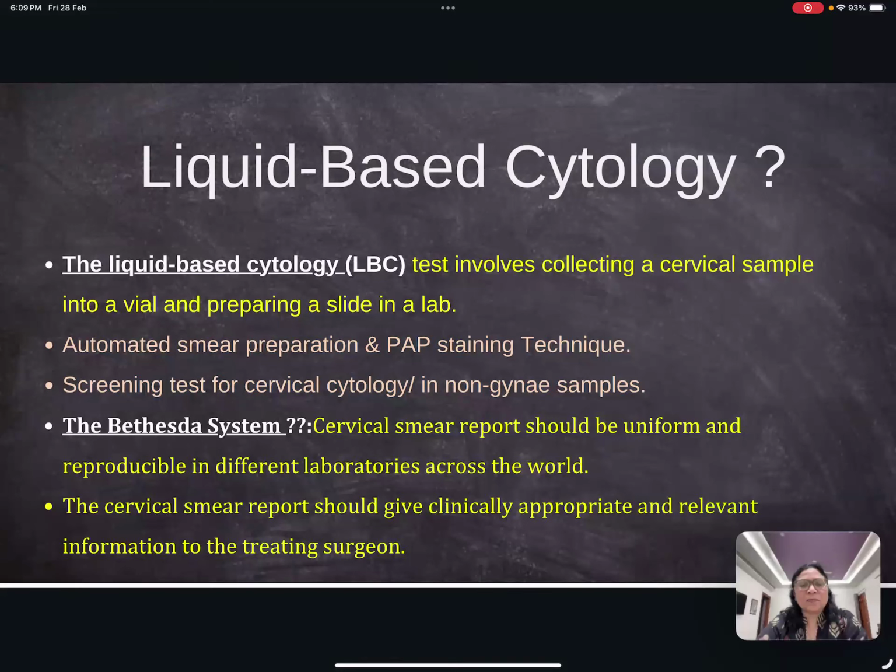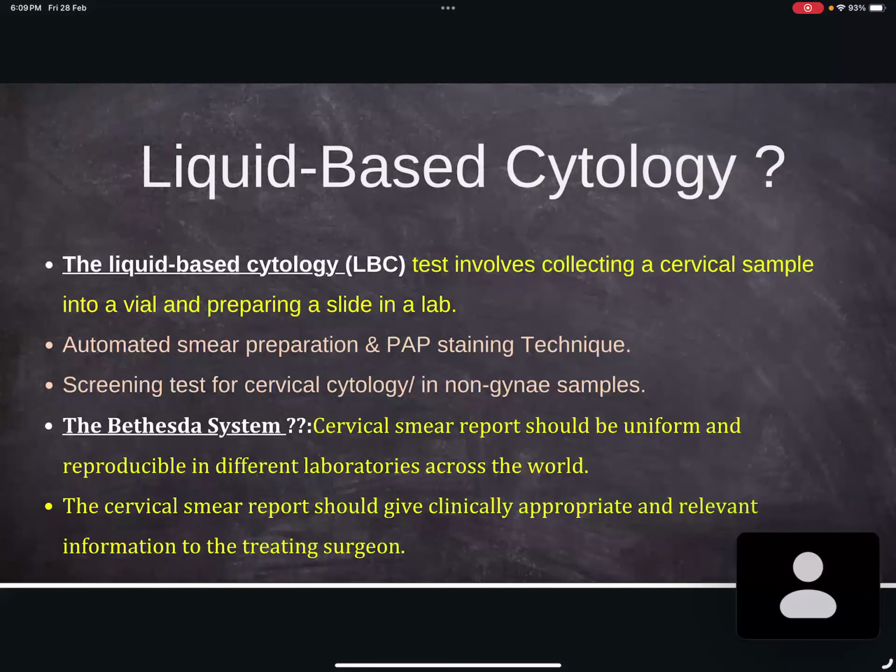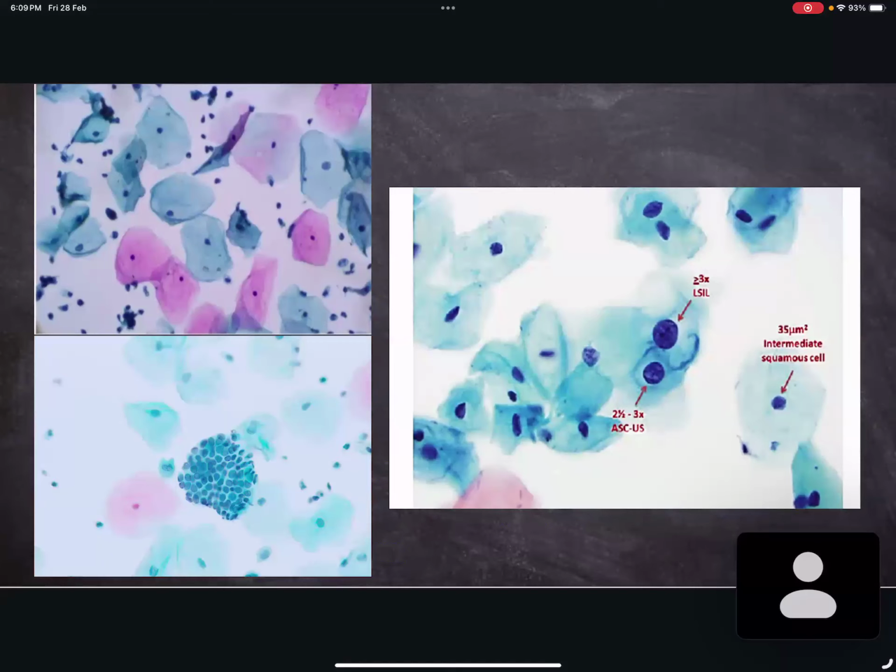And what is the Bethesda system? Bethesda system is the international uniform standards reporting system for the diagnosis of, for the reporting of the cervical cytopathology across the globe. And these cervical reports should give the clinical appropriate and relevant information to the treating surgeon for the management of the patient.